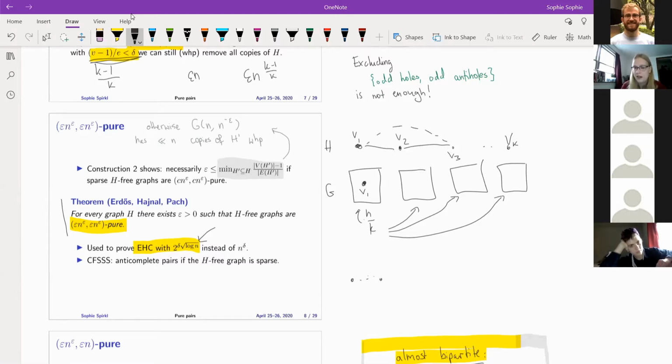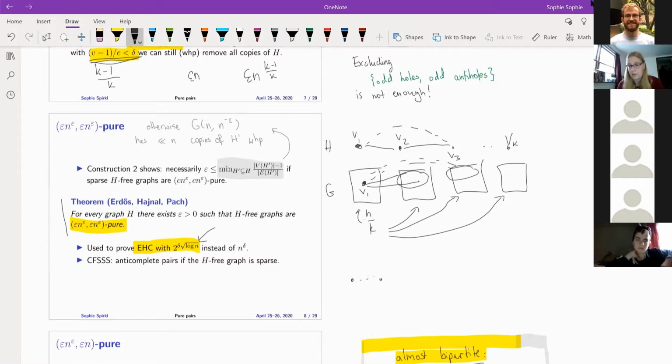So I can look at a vertex here and look at how many neighbors does it have here where I'm supposed to have neighbors, and how many non-neighbors do I have in box 3 where I'm supposed to have non-neighbors. I can look at each of the boxes for this vertex that I want to be V1.